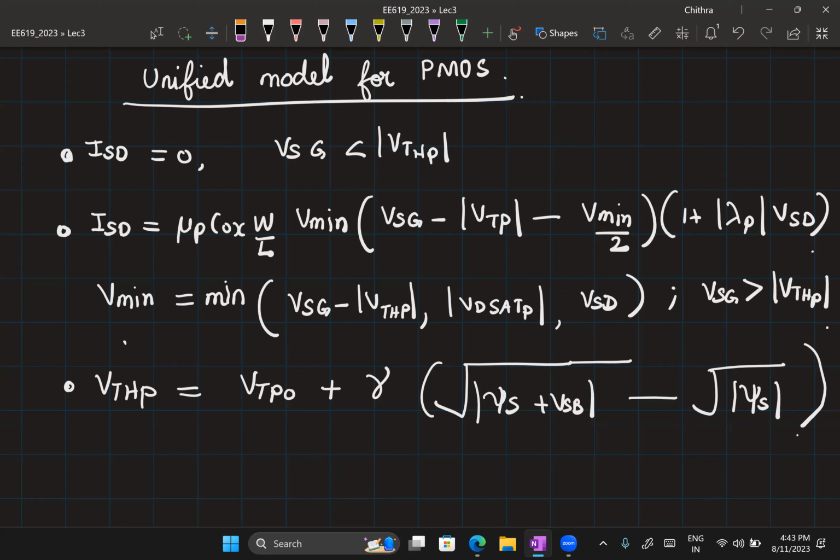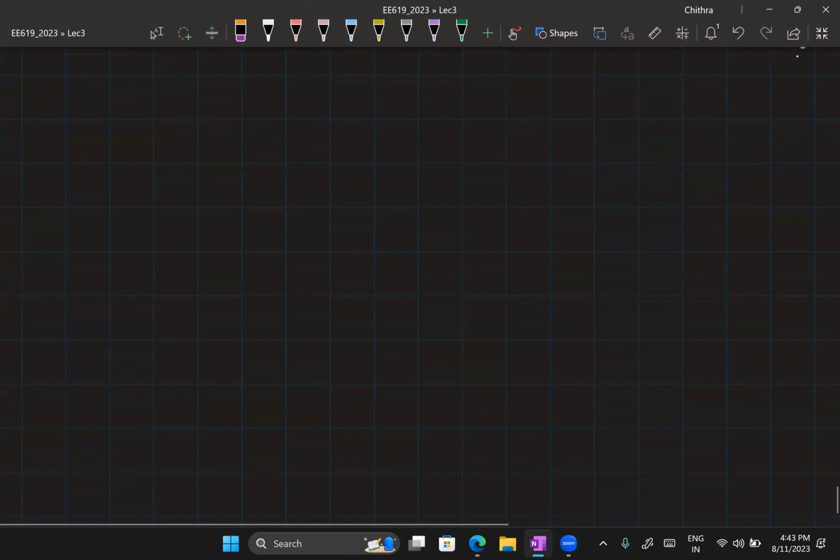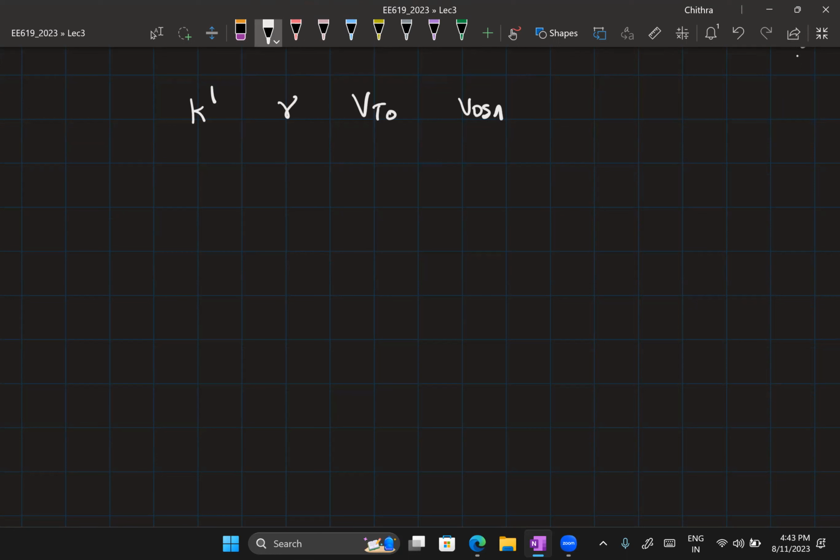So now here also we have 5 parameters. Let me quickly list them down. We have K prime, which is mu_n C_ox for an NMOS transistor and mu_p C_ox for a PMOS transistor, then gamma, VT naught, VDsat, and lambda. Now for an NMOS transistor, we saw that all of these are positive values.